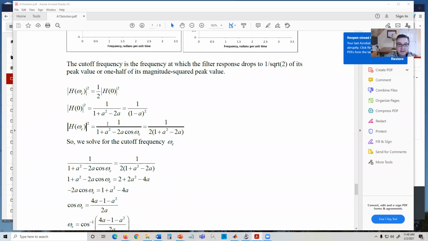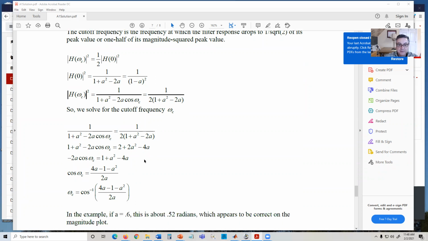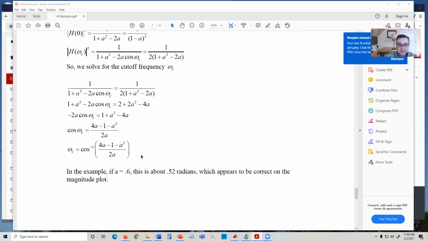And so we set that up knowing this, and the previous result for the magnitude squared, and those two should be equivalent, and then we just solve for omega c, which requires a bunch of manipulations, and you get something that's not pretty, but it is the right answer. So in the example of a equals 0.6, this is about 0.52 radians.